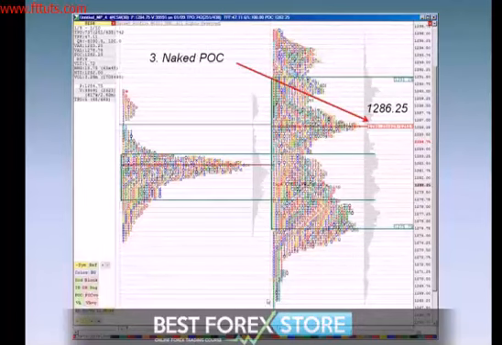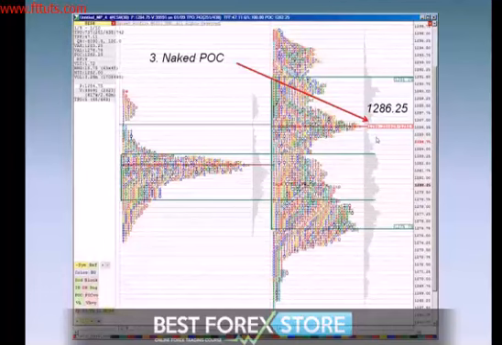All right, we talked about the POCs, but now I'm going to throw an additional adjective for one of the POCs before us, and this is an important type of POC to learn, and it's called the naked POC, and some traders often refer to it also as a version POC.